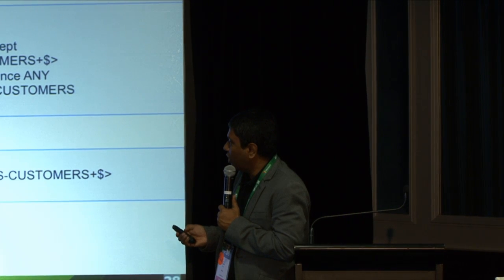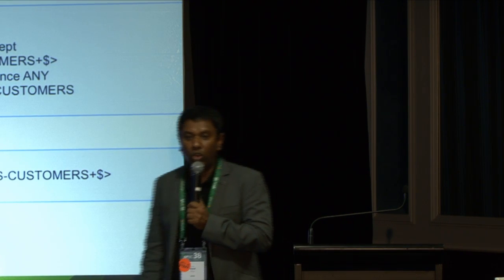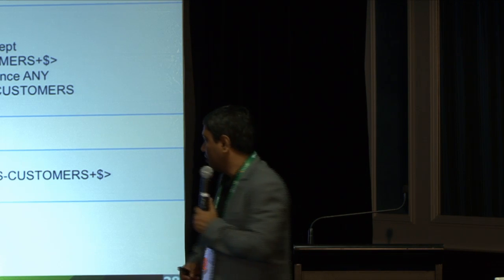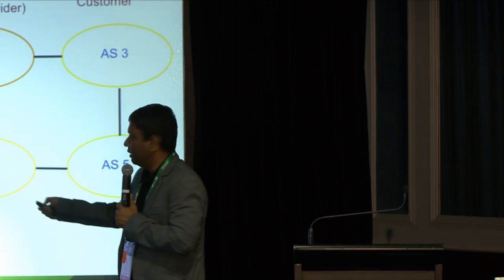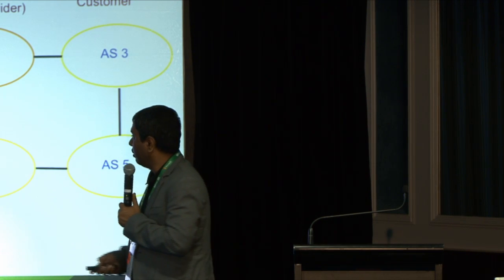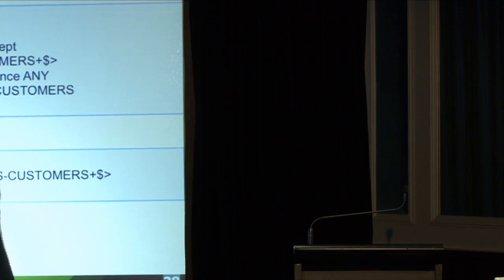What would be the syntax on AS1's side when AS1 wants to automate the whole thing? AS1 is the upstream, like this one. What will AS1 do? AS1 imports from AS2. What am I importing from AS2?